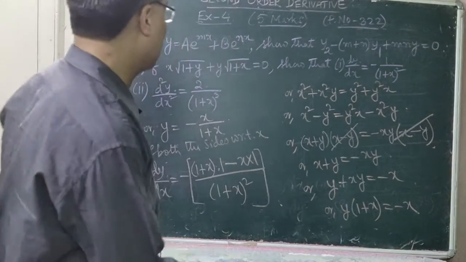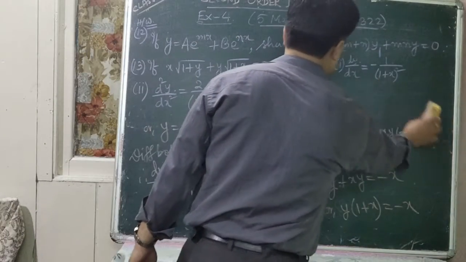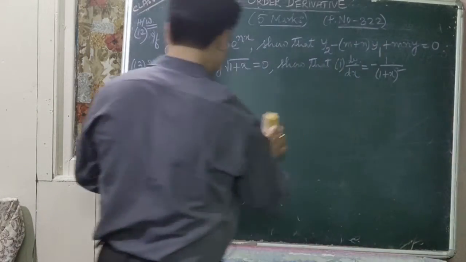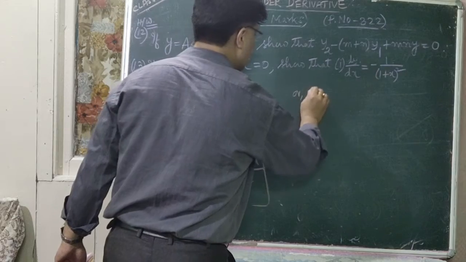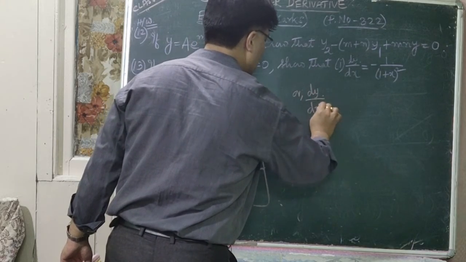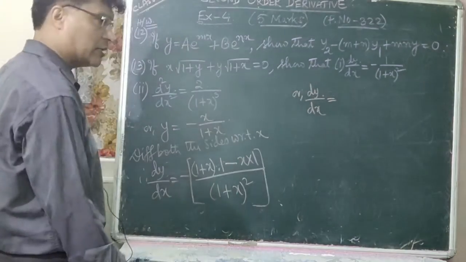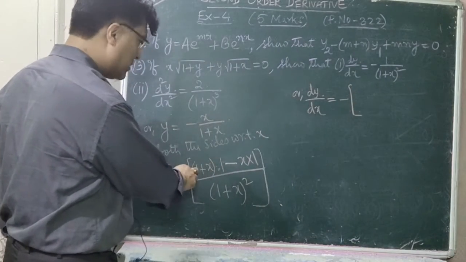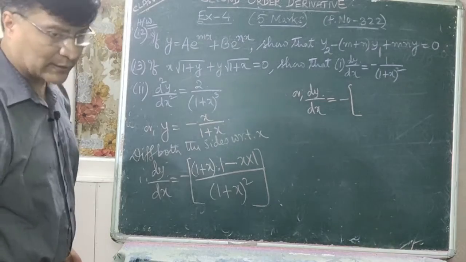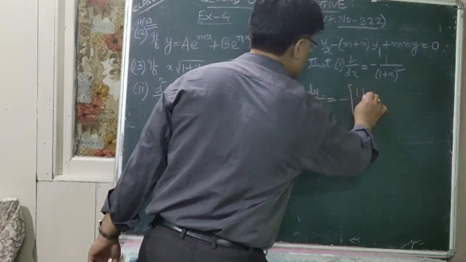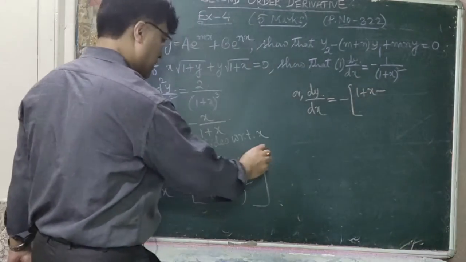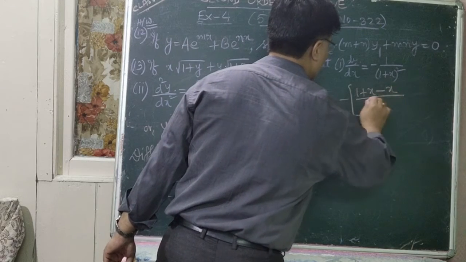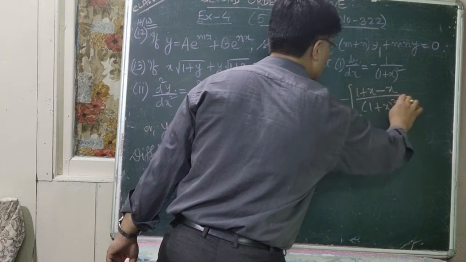So let us simplify it. dy by dx is equal to, in the numerator, this is minus sign. What is there in the numerator? Multiply it. 1 plus x into 1, this is 1 plus x, and then minus x, whole divided by 1 plus x whole square.